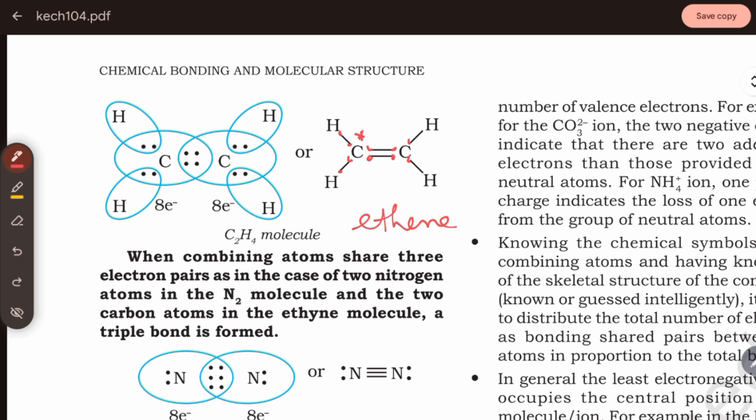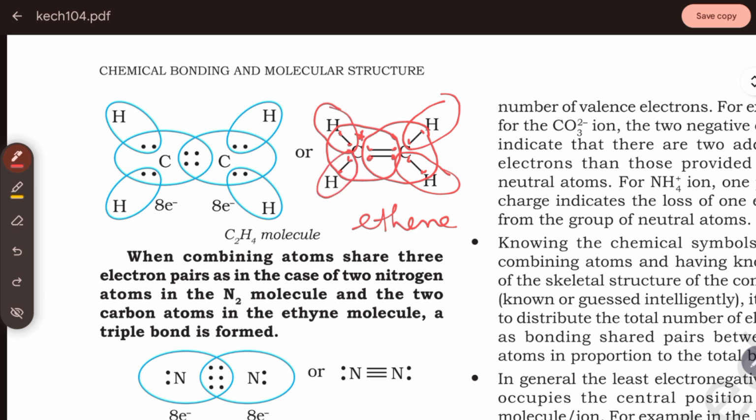So this carbon actually gets octet like this. Okay, 8 electron count and see, it is 8. And this carbon gets 8 electrons like this. This is the octet. And hydrogen gets a duplet like this. This hydrogen also gets a duplet like this. This is also a duplet and this is also a duplet.